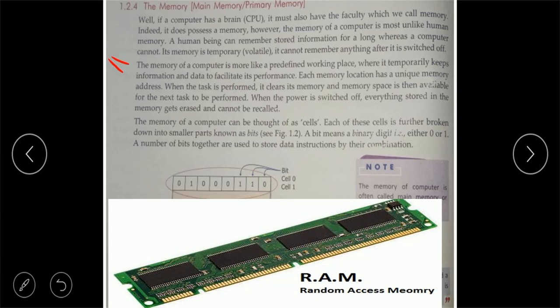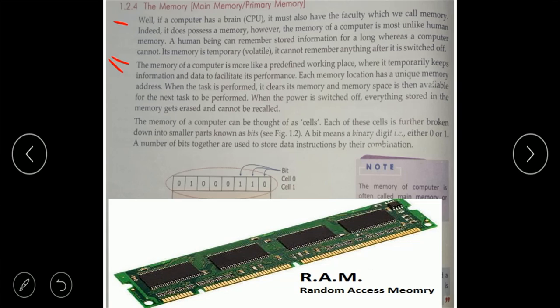Now I think you must have understood. You can see in the beginning, if a computer has a brain, then it must also have the faculty which we call memory. Indeed, it does possess memory. However, the memory of a computer is most unlike human memory. A human being can remember stored information for long, whereas a computer cannot.